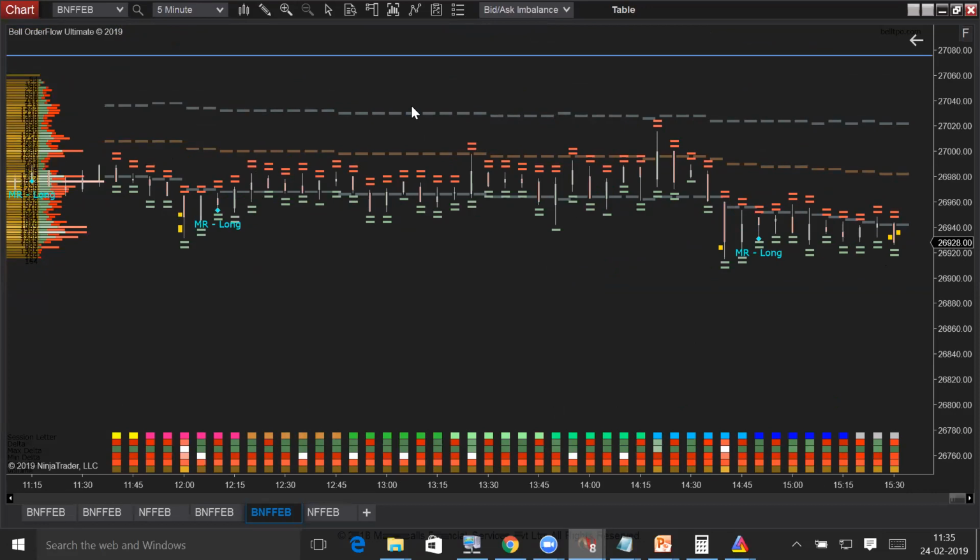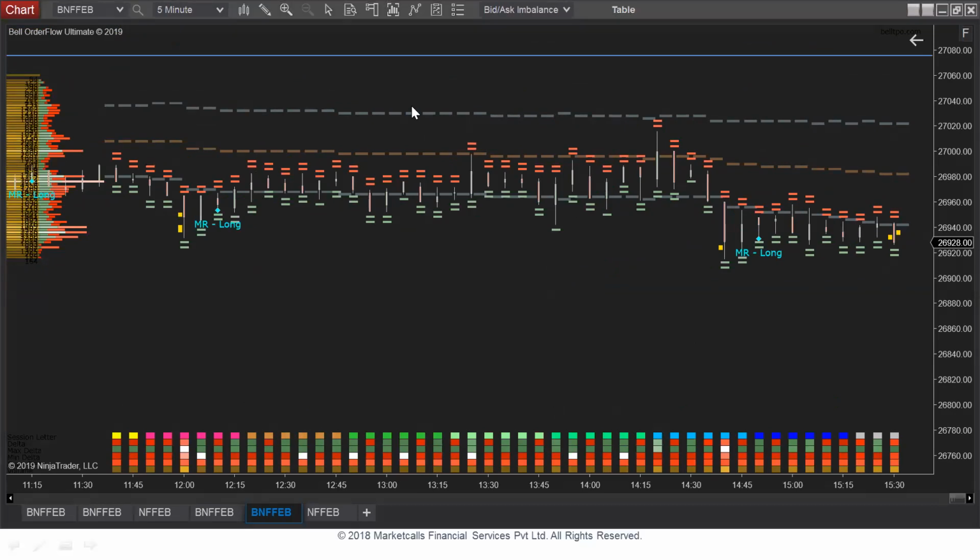Are you people able to see it? There are many places where you can see 500 lots got traded. Here some 500 lots got traded, and here again 500 lots got traded over here. Those are the places where a block of 500 lots is getting traded. This way, you can study bigger orders and how the market is impacted by such bigger orders.